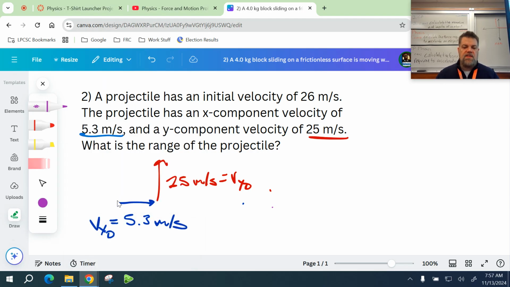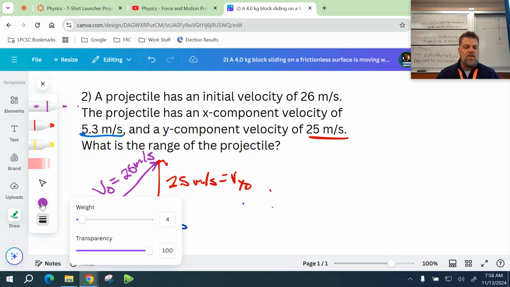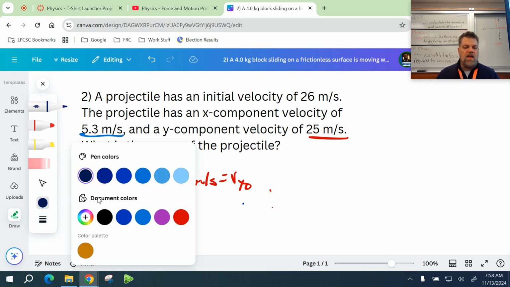And that's this thing here. And that's just the initial velocity, and that's equal to 26 meters per second, okay?